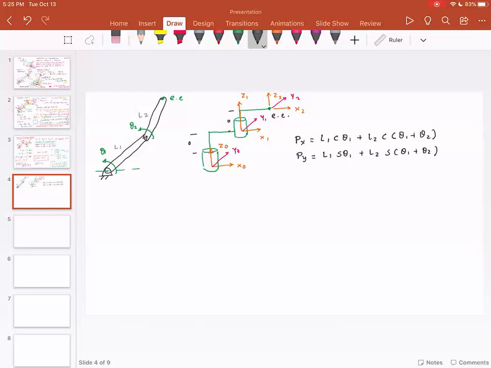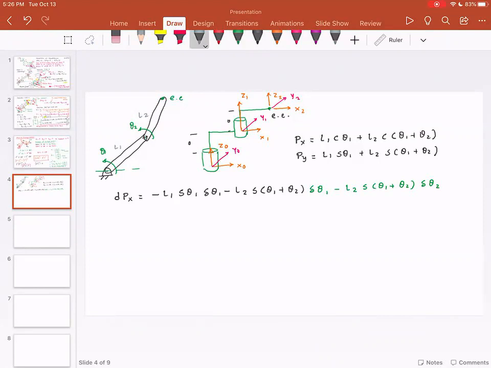So I will differentiate the first term and I would have dpx equals minus L1 sine theta 1 delta theta 1 minus L2 sine (theta 1 plus theta 2) delta theta 1 minus L2 sine (theta 1 plus theta 2) delta theta 2. So this is the derivative of the first term.